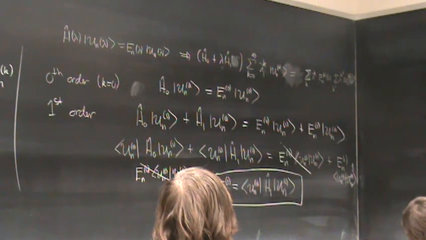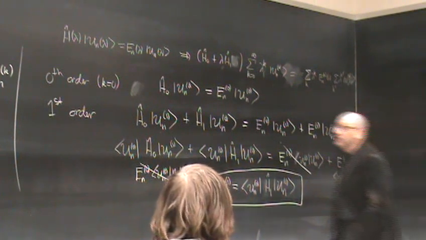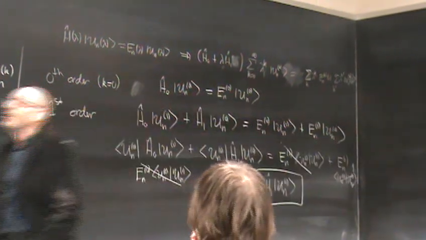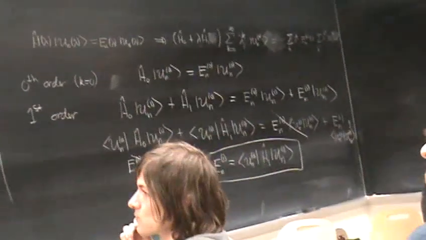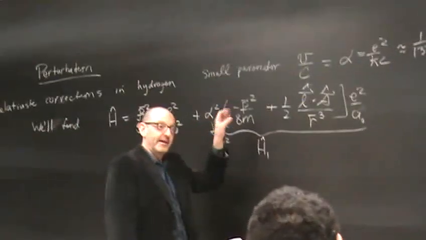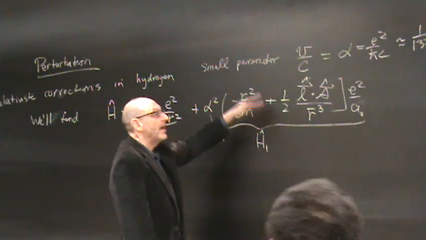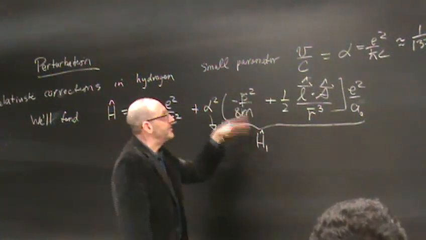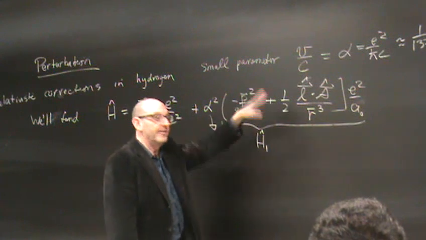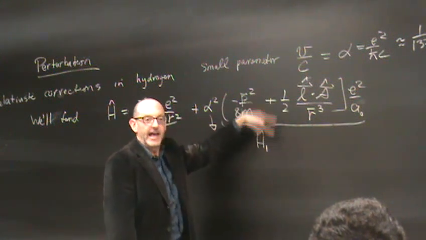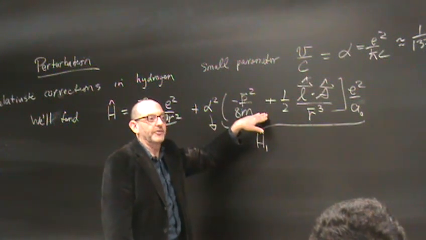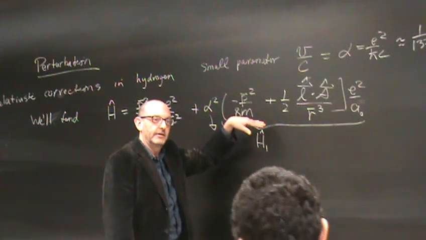Okay? So for example, come back over here. If I wanted to find out what the first order, I have to be a little bit careful what to think about. There's some subtleties here. But I might be able to just say, well, if I want to find out how the ground state of hydrogen shifts in the presence of these relativistic effects, I just take the expectation value of this in the ground state. And that gives me, right?